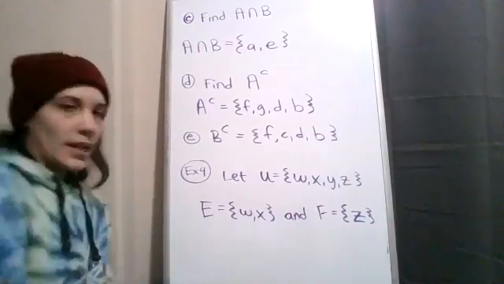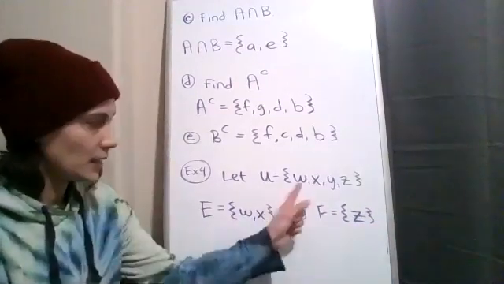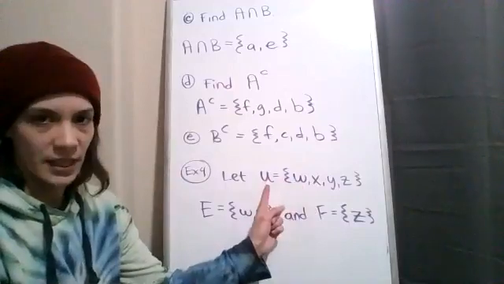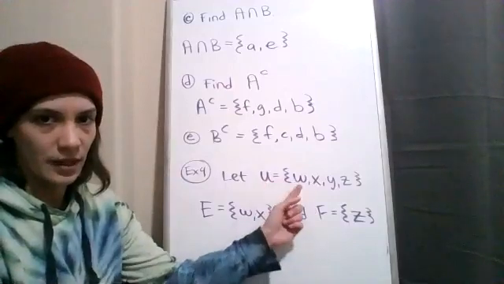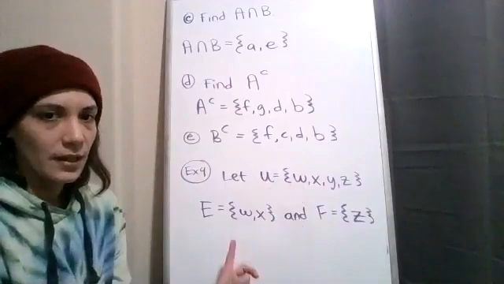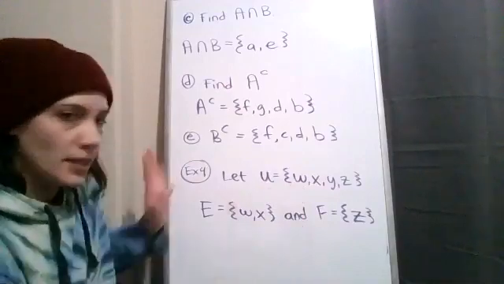Yeah, so usually, and especially for me, I'll use lowercase letters for elements and uppercase letters for sets if we're talking about letters and things like that. Let's draw a picture first.